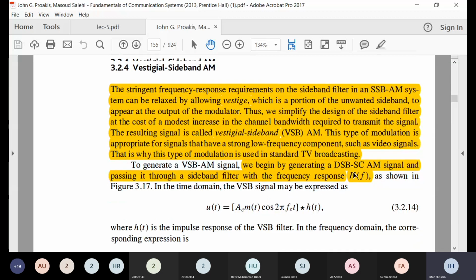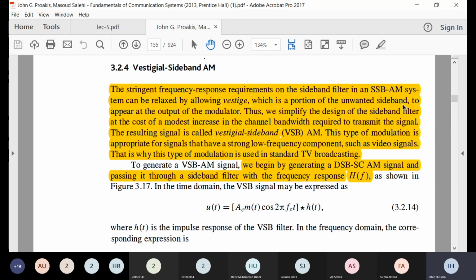Now we come to the vestigial sideband AM. Now we know in single sideband, as we just saw earlier, that you have very stringent requirements of the sideband filter. But in vestigial sideband, you can apply a vestige or a portion of the unwanted sideband.